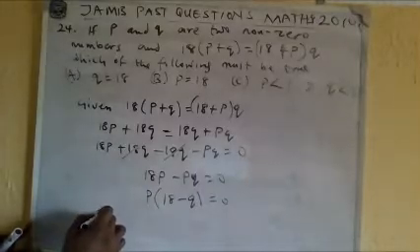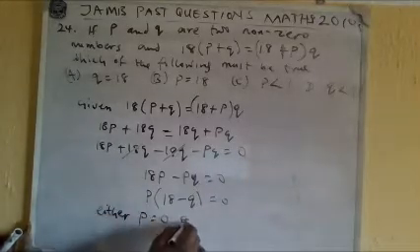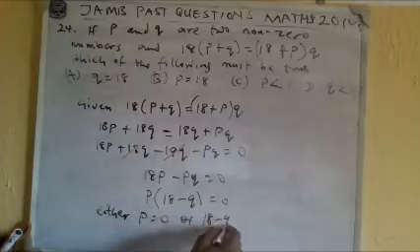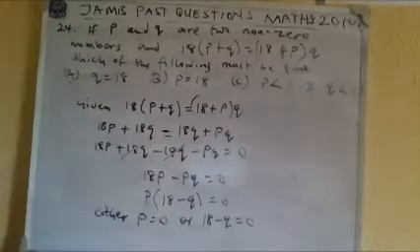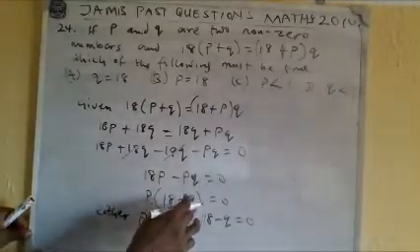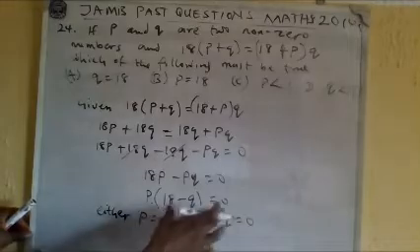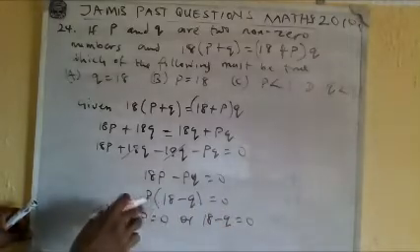So either P is equals to 0 or 18 minus Q is equals to 0. Whenever it's something like this, it means that P is multiplying 18 minus Q. For this equation to be 0, one of them has to be 0.